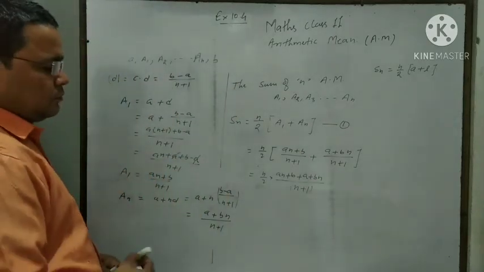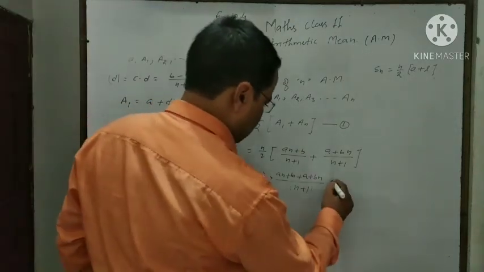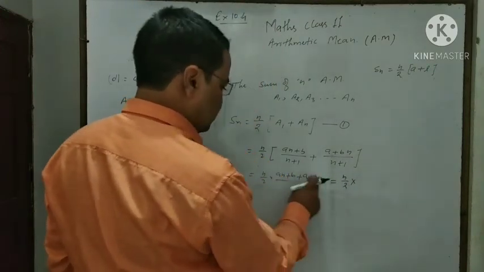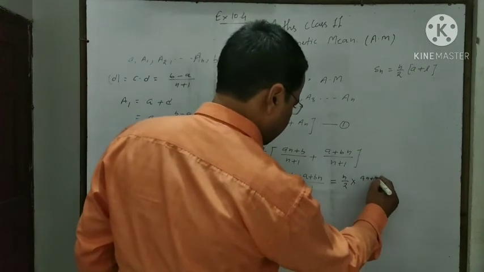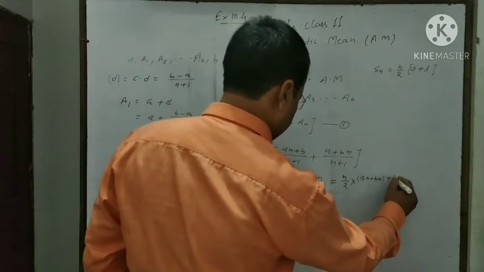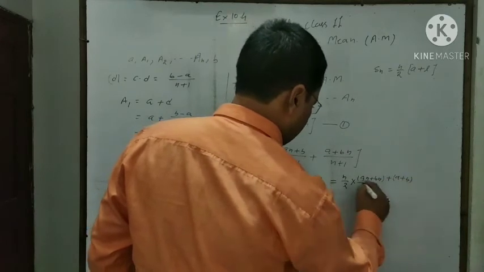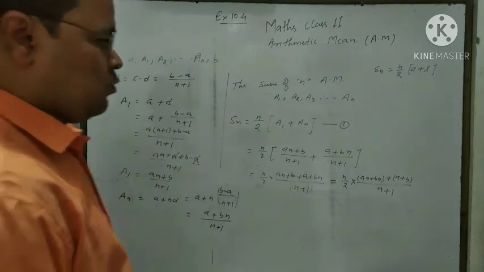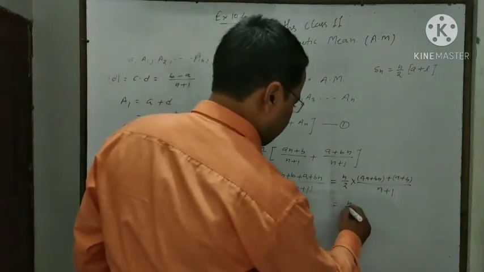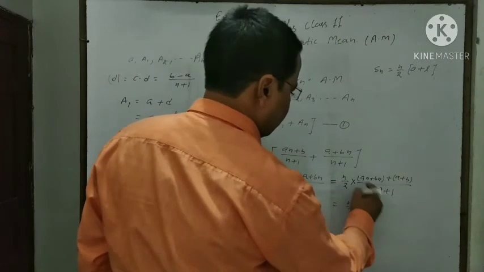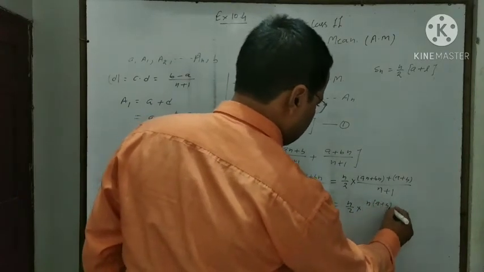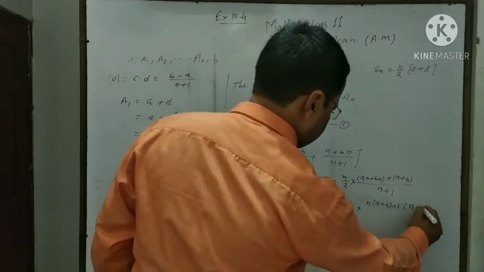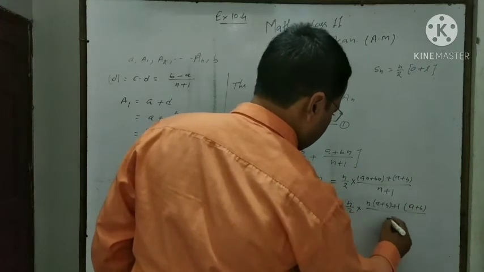Now we can arrange it: n by 2 into, we can take a and bn, an plus bn, and here plus a plus b upon n plus 1. So n by 2 into, we can take n common, a plus b, and here 1 common, a plus b whole upon n plus 1.